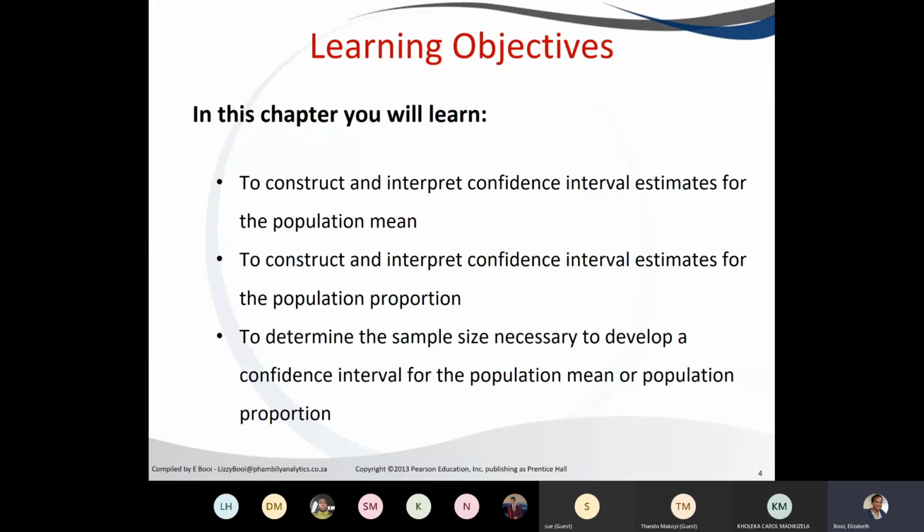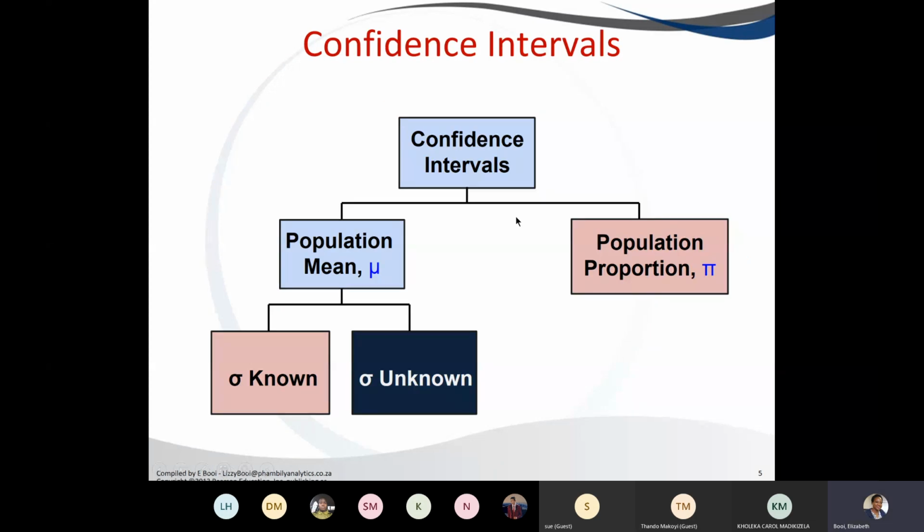By the end of today's session, you should know how to construct the confidence interval for the population, for the proportion as well. So when we talk about the confidence interval, we can calculate it for the proportion and we can also calculate it for the mean. And when we calculate it for the mean, that's where I said I'm going to introduce a new table.